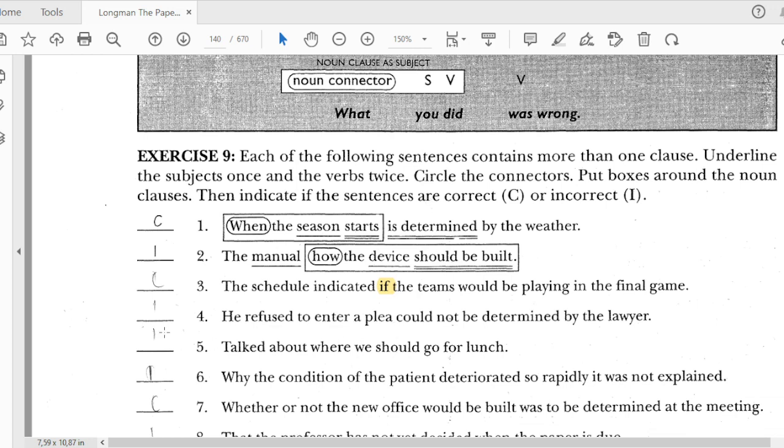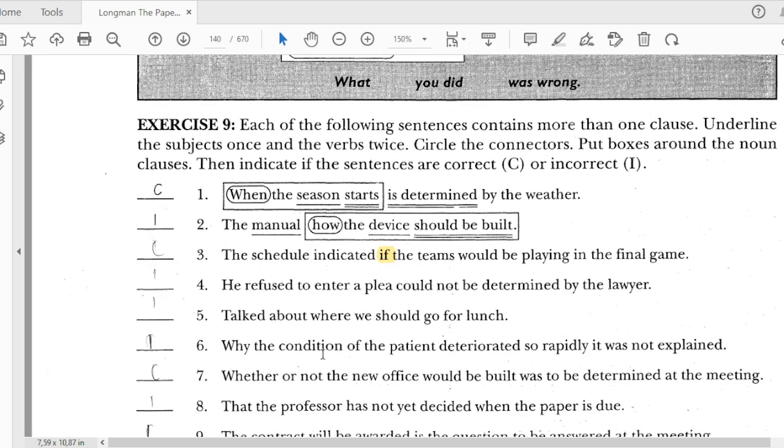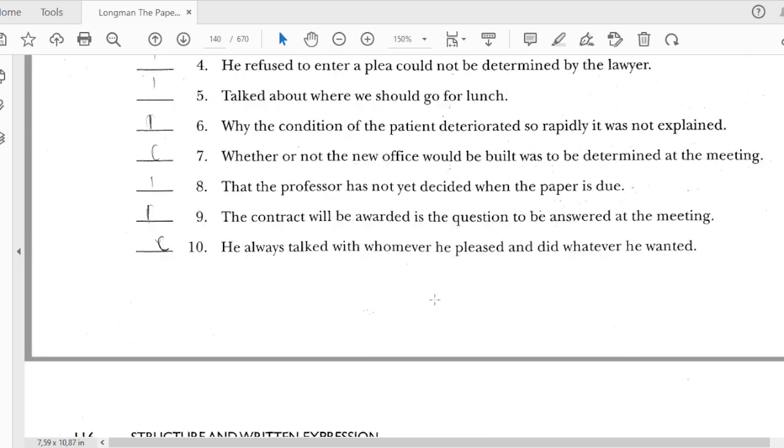This is incorrect. Talk about where we should go for lunch. Incorrect. Number 6: why the condition of the paint deteriorate so rapidly. It was not explained.